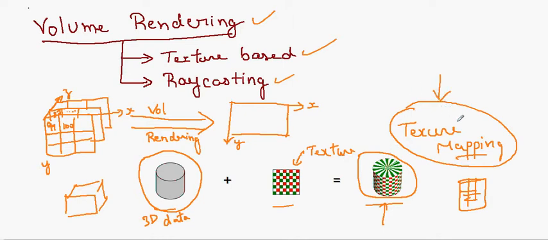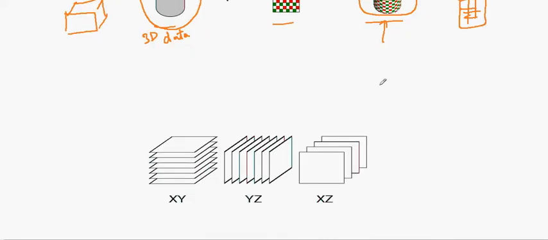Now how do we use this texture mapping on the 3D volume data for visualization, and how fast can it be? This texture mapping is supported by the graphics processing unit. Since the texture mapping is supported by the graphics processing unit, this is really fast.